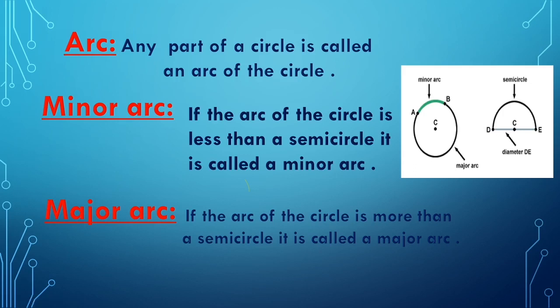And if we take any arc of the circle and that arc is less than the semicircle, it is called a minor arc. Whereas if the arc is more than the semicircle, it is called a major arc. Here, this green colored arc is less than the semicircle. So this arc AB is called a minor arc, whereas this blue colored arc AB is more than the semicircle. So this blue colored arc AB is called the major arc.